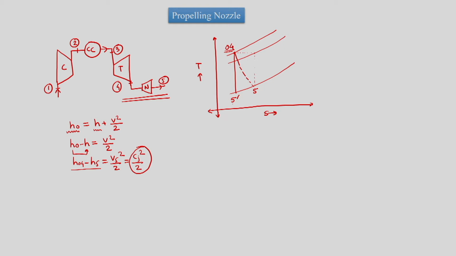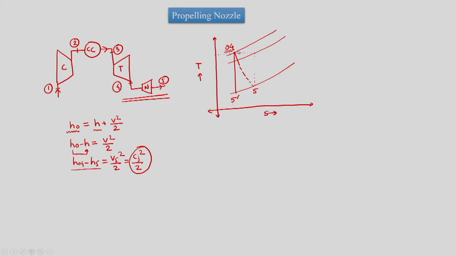There is a loss due to friction, due to which we have this dotted line, which is the real expansion in the nozzle. However, the nozzle is an adiabatic duct, due to which the total temperature at the inlet and at the outlet are the same. So this is the 5 condition, which corresponds to the total condition at point 5.